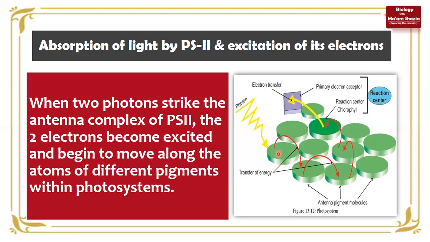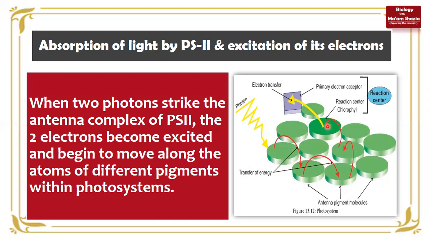So they transfer their energy from one molecule to the next. This process is called resonance. You must have read that in physics. This movement of energy from one antenna complex to the next is called resonance, and it continues until it reaches the chlorophyll A molecule.